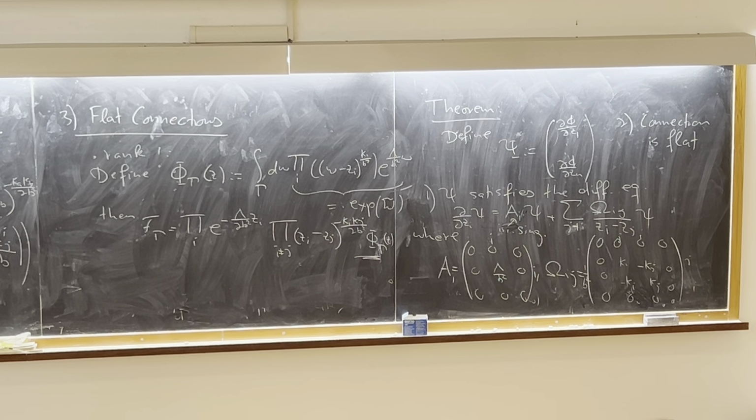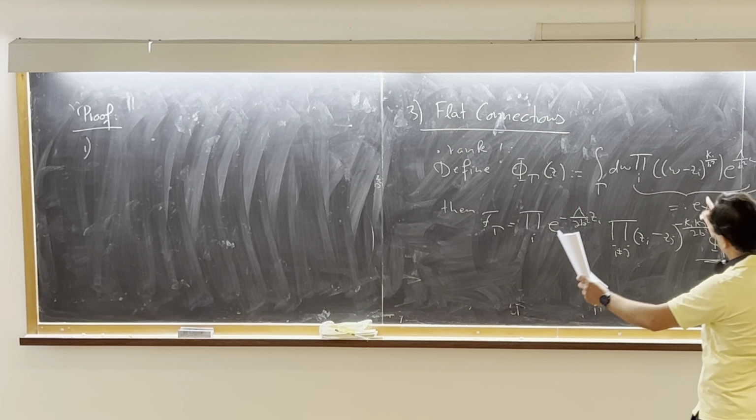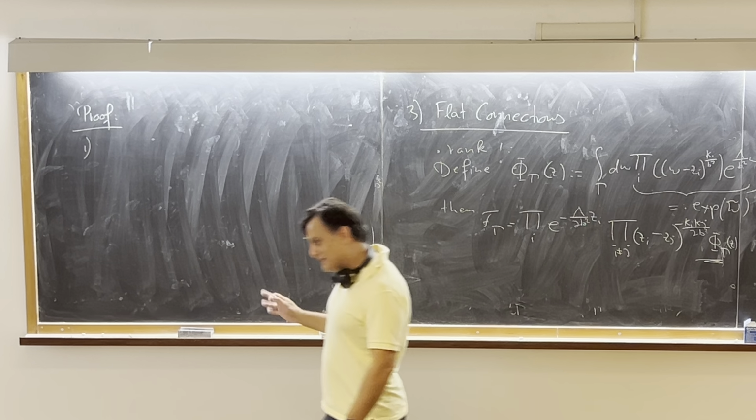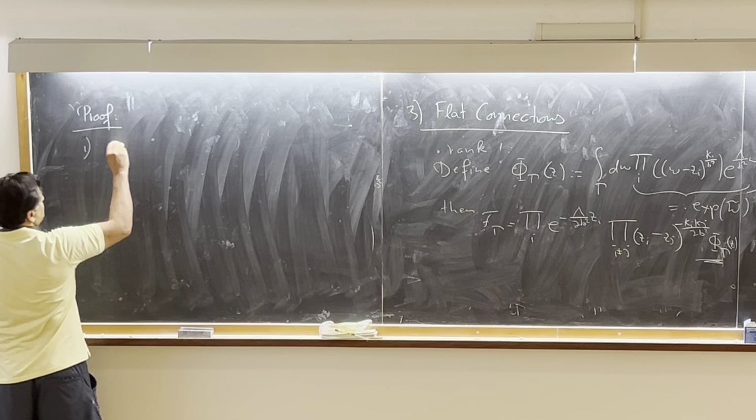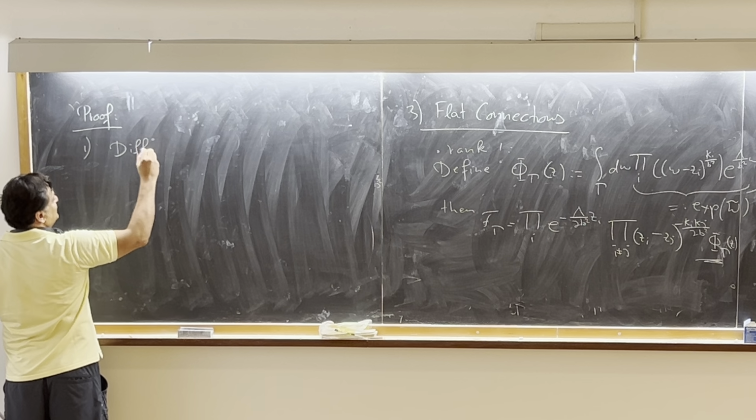So now the proof is basically, the first step for the first part, you differentiate. You have these integral expressions, right? You differentiate under the integral. I just give you the strategy.